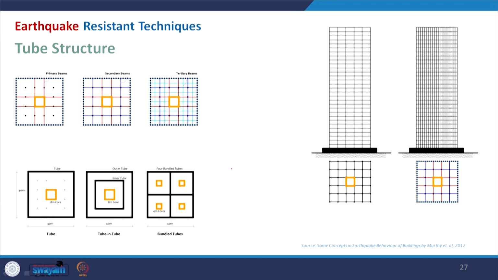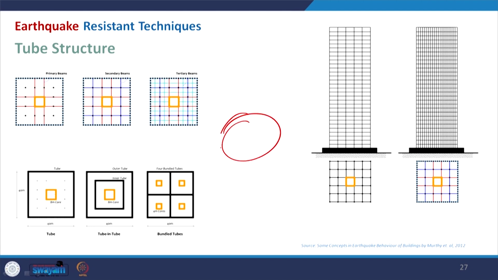Now, another solution is, instead of a simple frame structure, why do we not go for a tube structure. We will discuss the tube structure in detail when we discuss high rise structures, but in short, it is where the perimeter, the exterior of the building, which is more prone to lateral force especially due to wind, has the columns placed very close to each other and connected with the internal core, and that will create a form of a tube with a thickness.